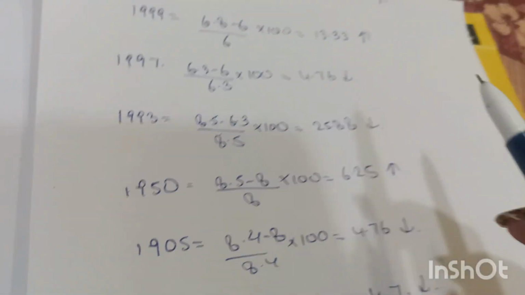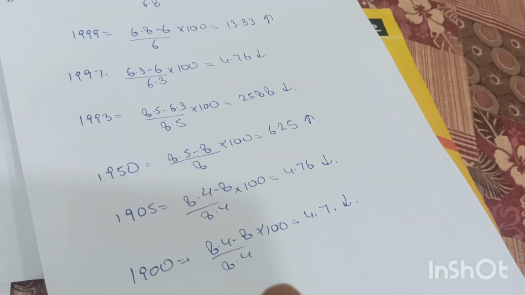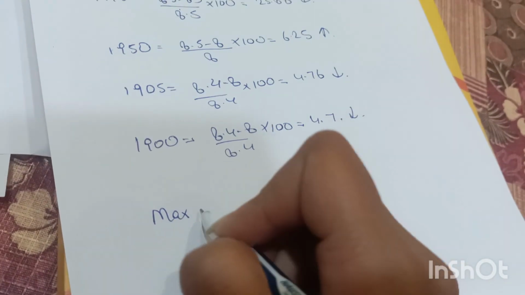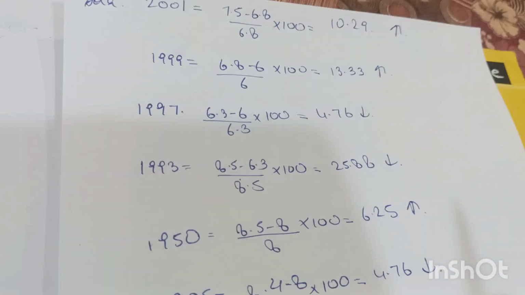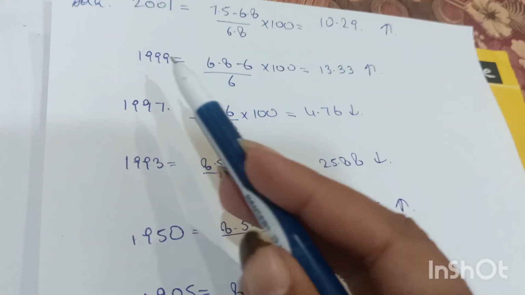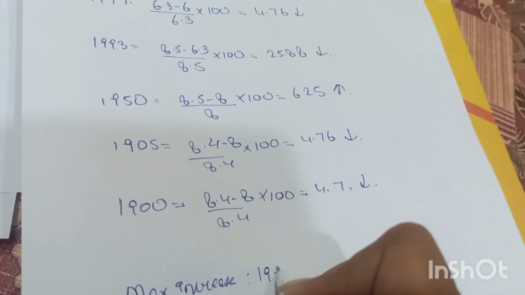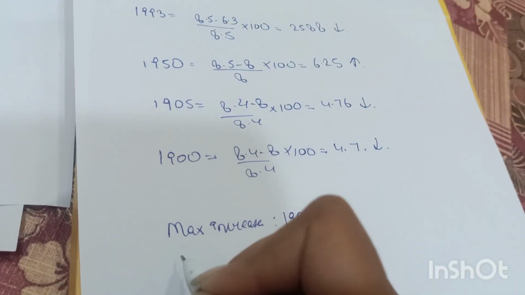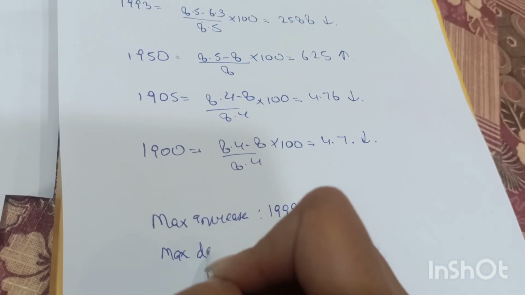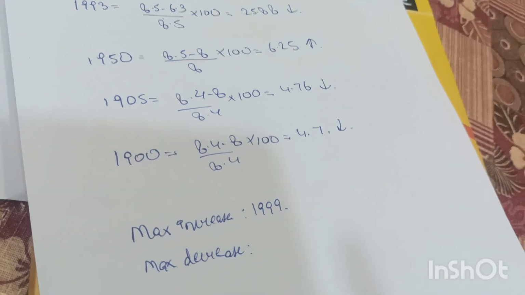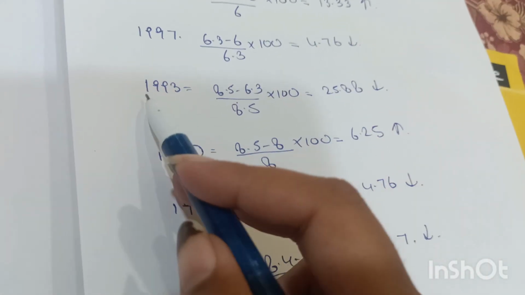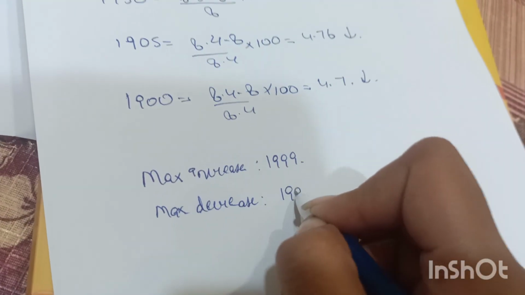So now you may see which has the maximum increase and maximum decrease. So max increase is in the year 1999, and max decrease you can see it's in 1993.